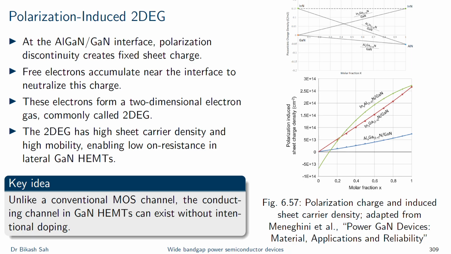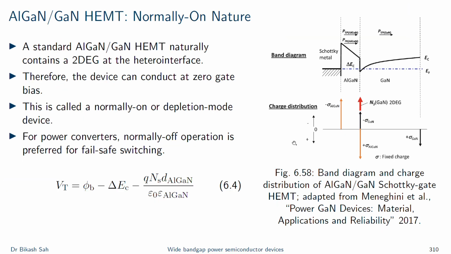I believe you guys remember the normally on and normally off devices, right? Normally on means by default the device is on, and when you apply external biasing, the device will turn off. Normally off means the device is generally off, and to turn it on you apply some additional biasing from outside.